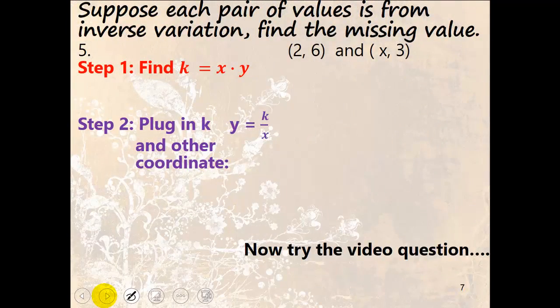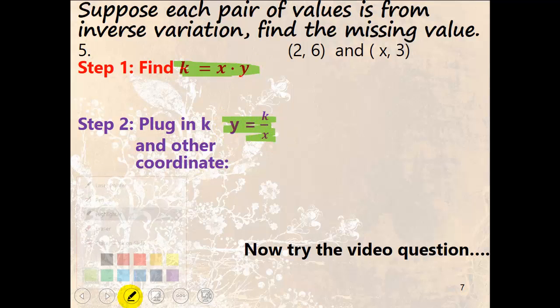All right, now let's find a missing value in an inverse variation problem. It works much the same way as direct variation. Just remember that the only difference is that your formulas are a little bit different. The process is the same, but the formulas are knit together a little differently.